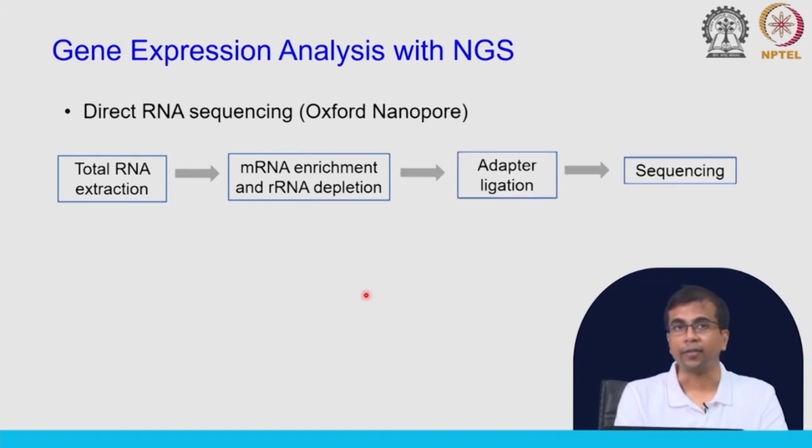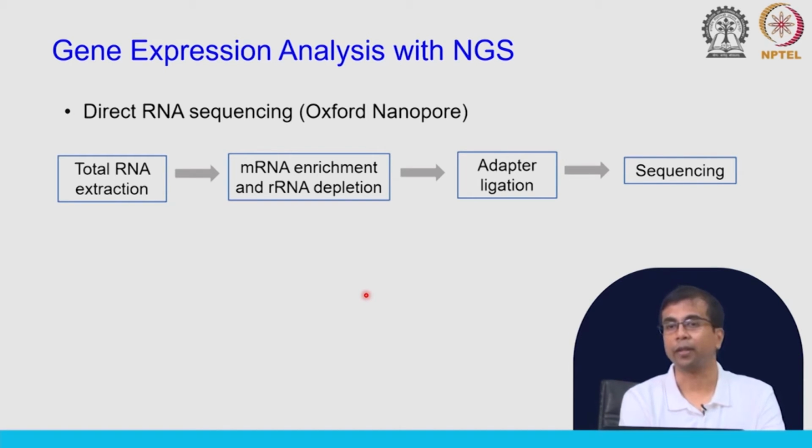The direct RNA sequencing using Oxford Nanopore is actually much simpler, and you can see you can go from total RNA extraction to mRNA enrichment and then adapter ligation and sequencing. So, this direct protocol might be quite useful in some cases, because you are introducing fewer amplification steps, and this might give us better results.